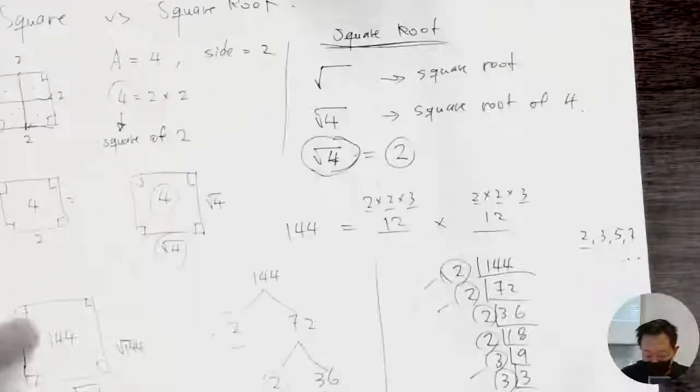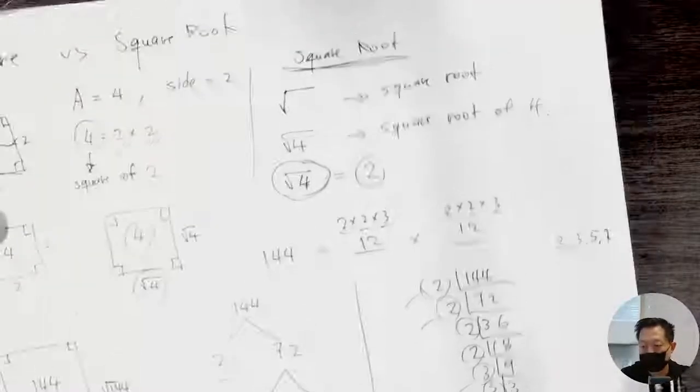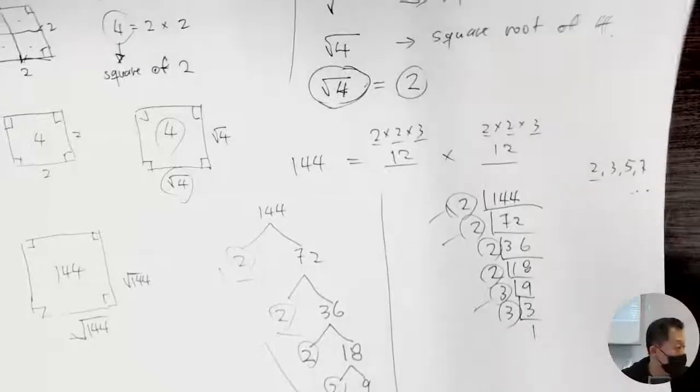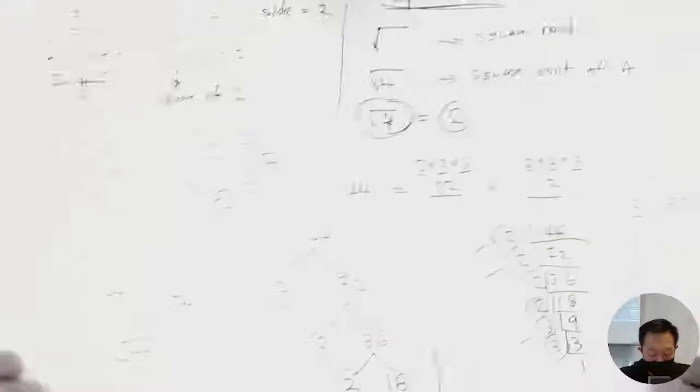Okay, so also notice that here you are working with what are called perfect squares. Four works nicely, but if I give you 3, is there any number that multiplies to 3 nicely? No, so 3 is not a perfect square.